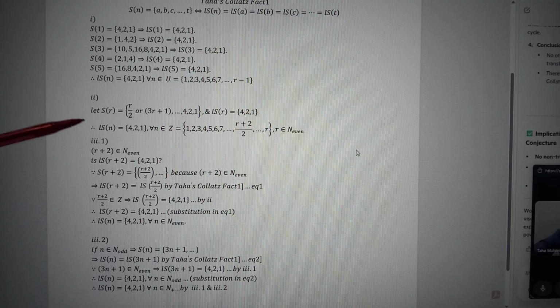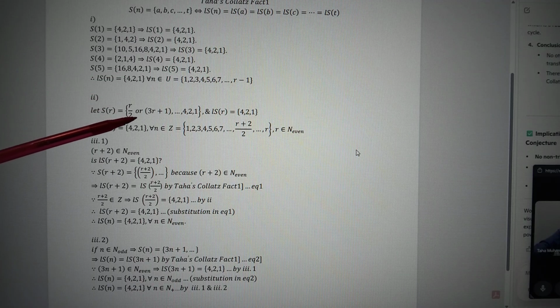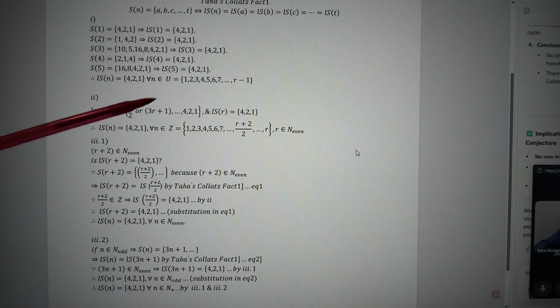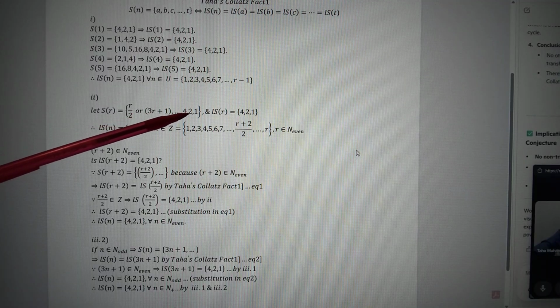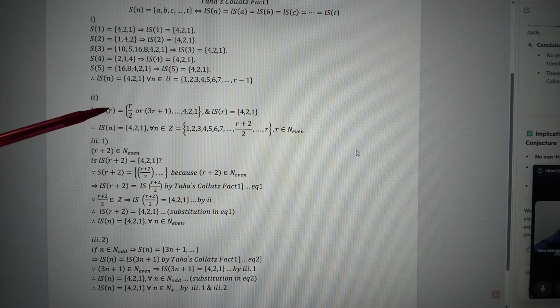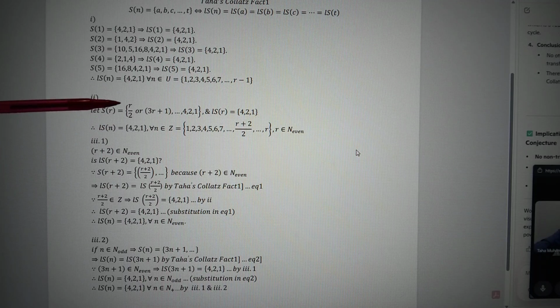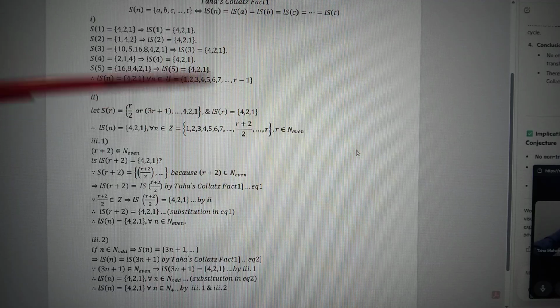Then I asked, what about R? And this R is R over 2 if it is even. If it is odd, multiply by 3 plus 1 and it goes to 4 to 1. That means for this R, even and odd also work out. I said, the loop is 4 to 1.